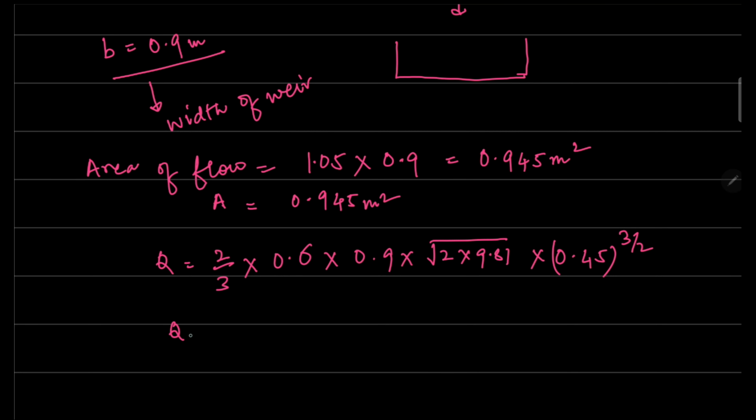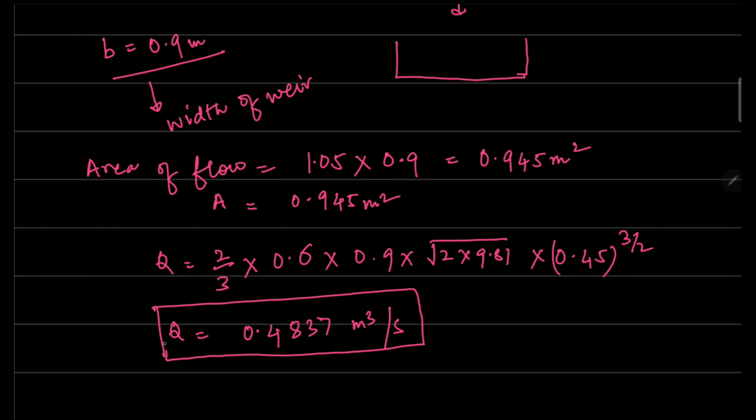If we solve this, the simplification gives that Q is equal to 0.4837 meter cube per second. Remember that this particular Q value is without the consideration of the velocity of approach. That's what we do in the very first iteration. So this was our first iteration.